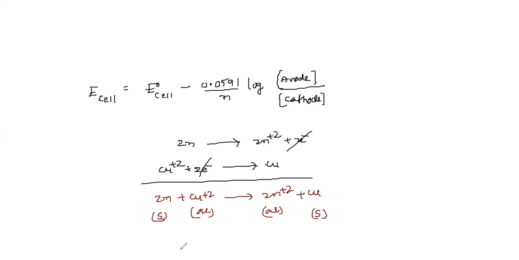Then how to write the cell notation? The cell notation is always the anode part, then the salt bridge shown by double lines, then the cathode. In this case, zinc acts as the anode.